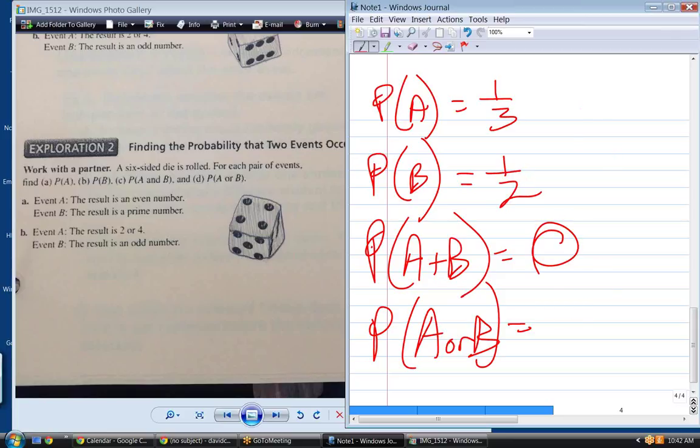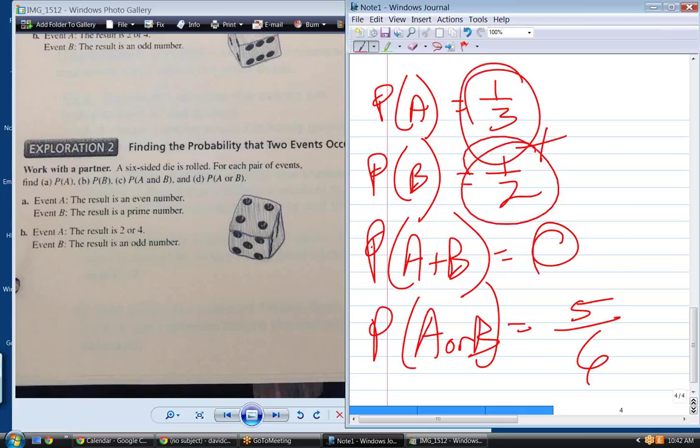Part of the reason of doing this with a simple situation like a die is that it allows you to come up with the algebra, kind of. B or A is this plus that, as long as there's no overlapping. If there's overlapping, then it's that plus that minus that.